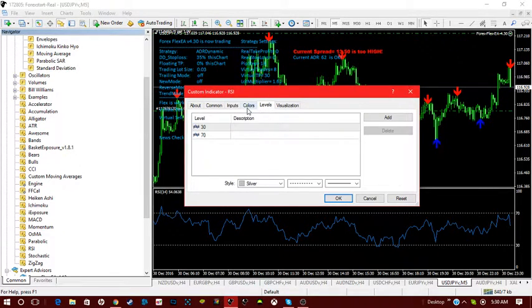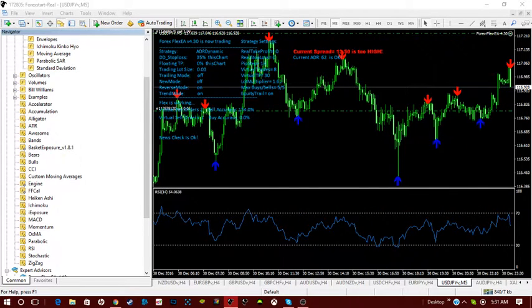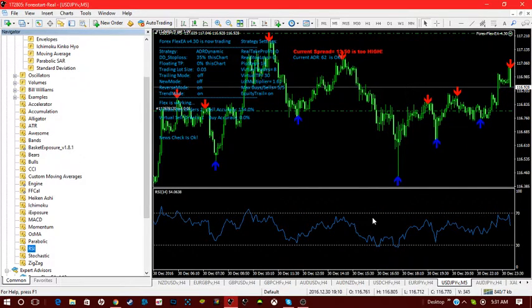The levels are at 30 and 70, and you guys wonder what those levels are. Those are percents. That's where the market is going. The value is 14, I would say 29 is probably better, but that's just me. I'm just going to leave it as it is because that's where it's set.